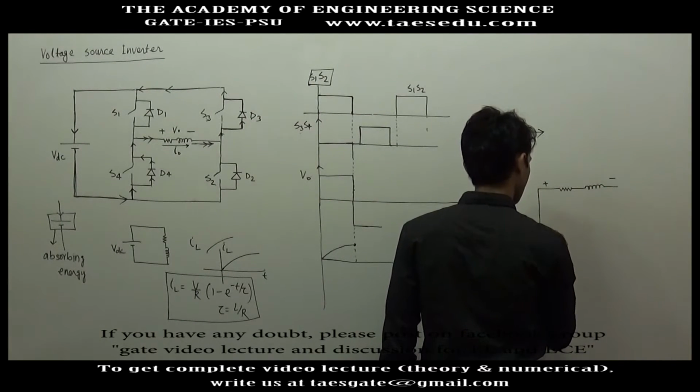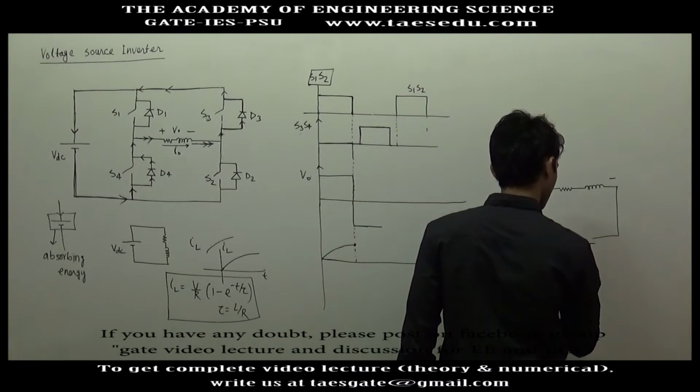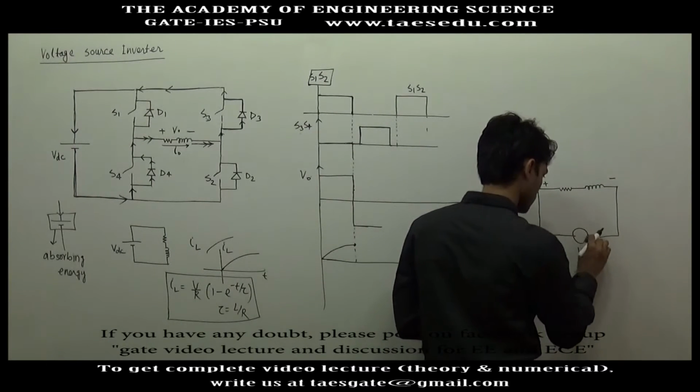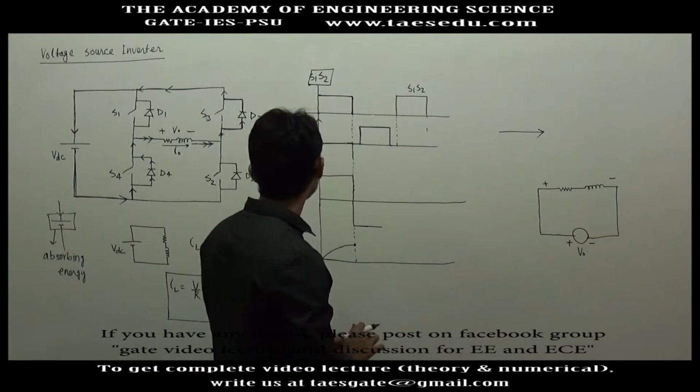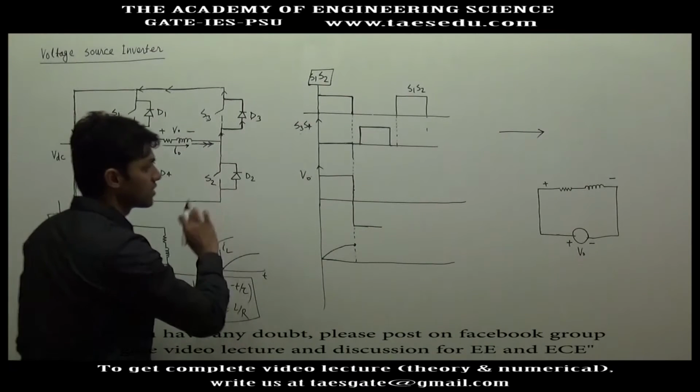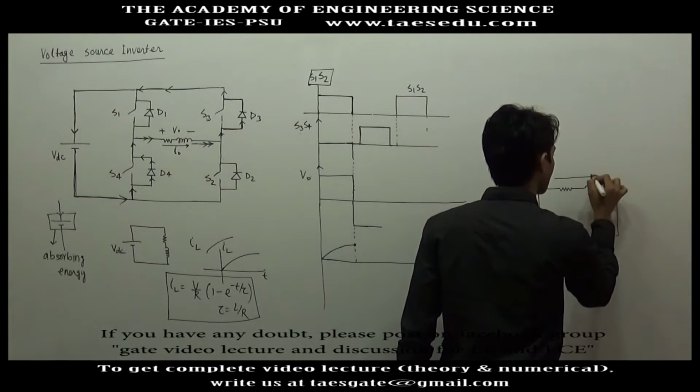So you can take positive here, negative here, and this is the output voltage. And what is I naught? This is the positive direction of I naught.